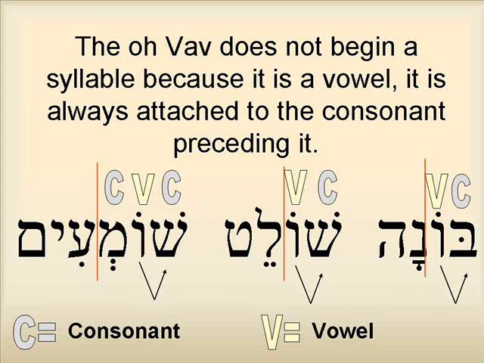Next word, sholet, that means he rules. The first shin is a consonant, and afterwards we have the long O vowel, and that's a vowel. So the first syllable of this word is an open syllable, consists of one consonant and one vowel letter.